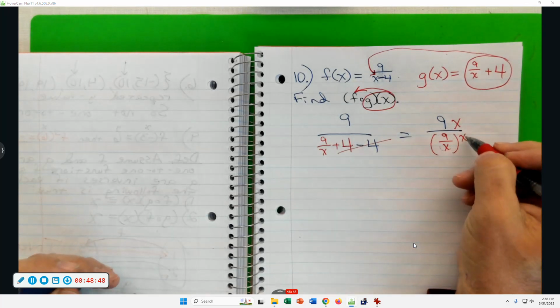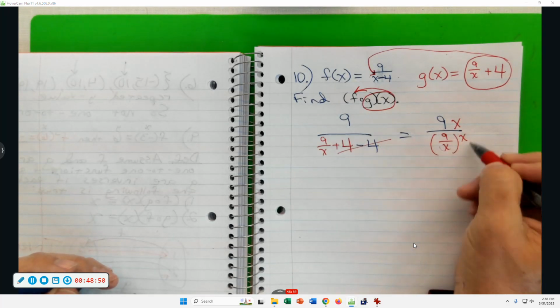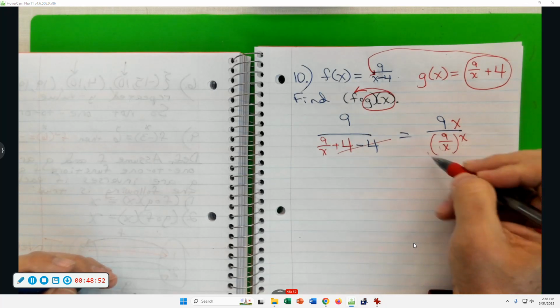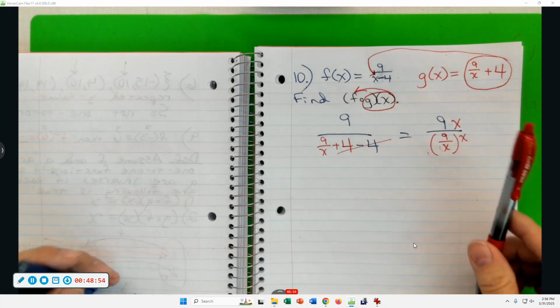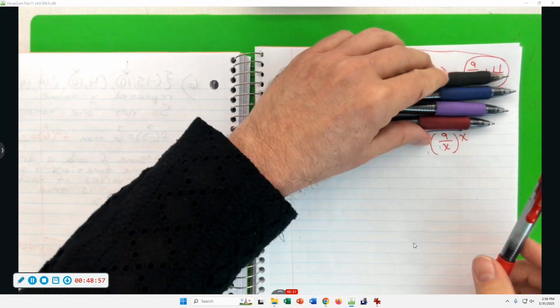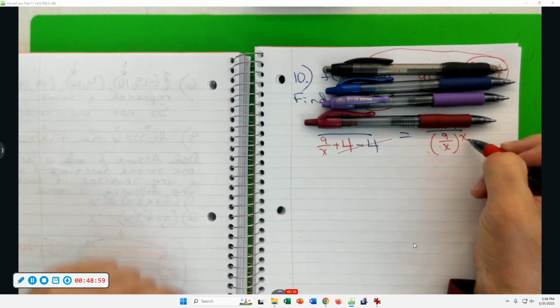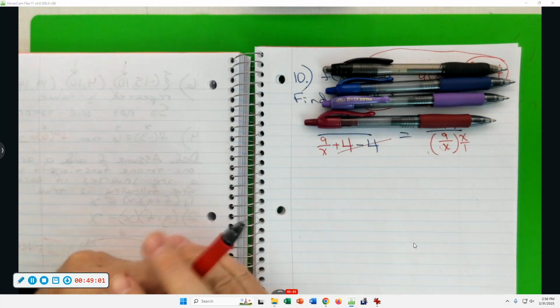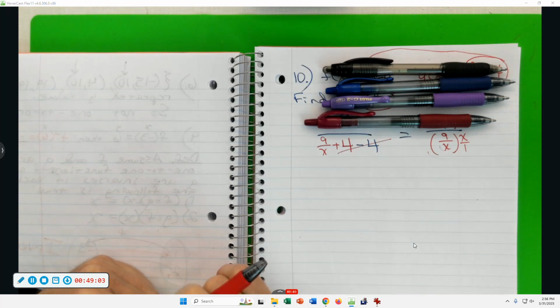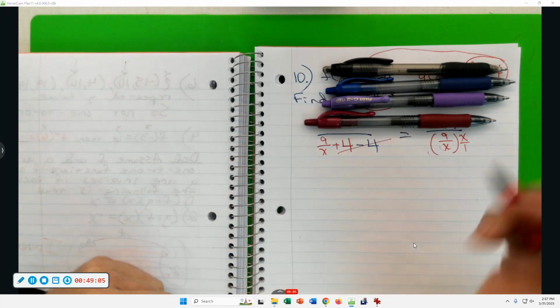This is working out nicely. Looking at this denominator right here, what's about to happen to those x's? I'm ignoring the top. Think of that x as an x over 1. They cancel out.